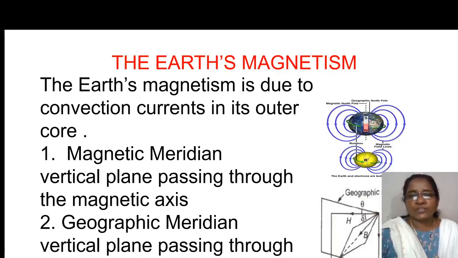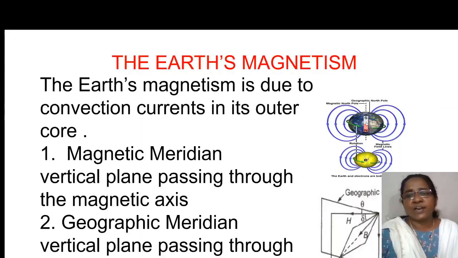And we have to study two terms associated with the Earth's magnetism. The first is the magnetic meridian, that is the vertical plane passing through the magnetic axis. Magnetic axis means the straight line connecting the magnetic north pole and the magnetic south pole.